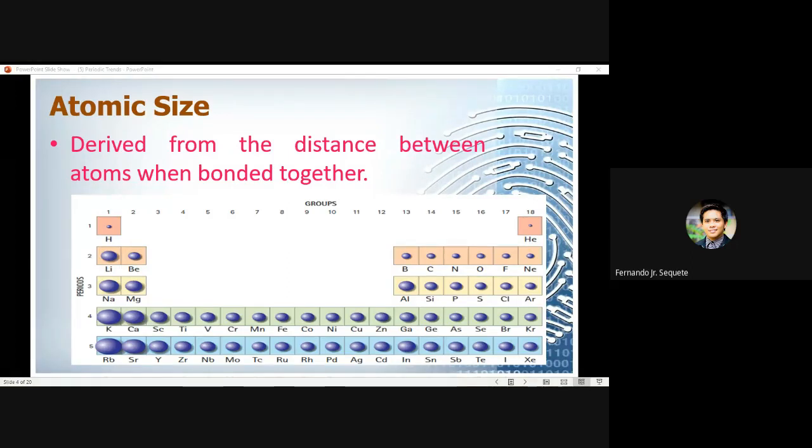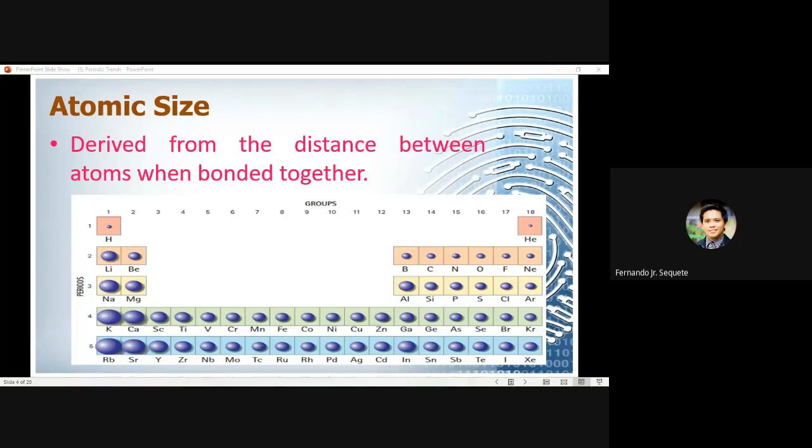On the whiteboard, left to right means starting here at 1 up to 18. And then top to bottom, of course. Looking at the picture, what is the atomic size from left to right, what happened?